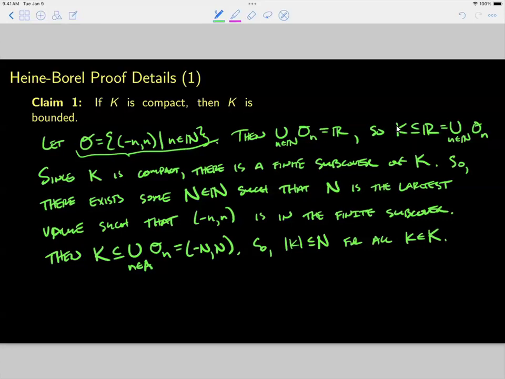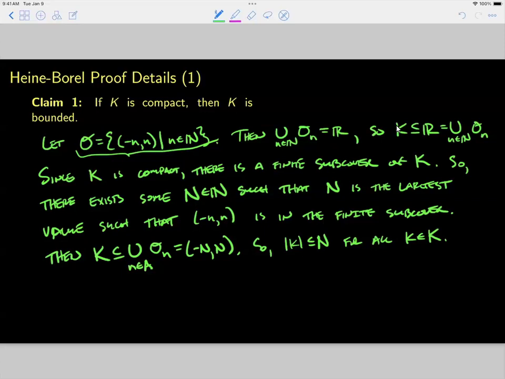So now all of a sudden, the possibility of having these infinitely sized things goes away, because somewhere in that collection of balls of different radius, you have some largest one now. Because with a finite set, there's a largest one. And so now that largest one must cover all of K because it's a finite subcover. So it still has to cover K, and that tells you a bound on K.